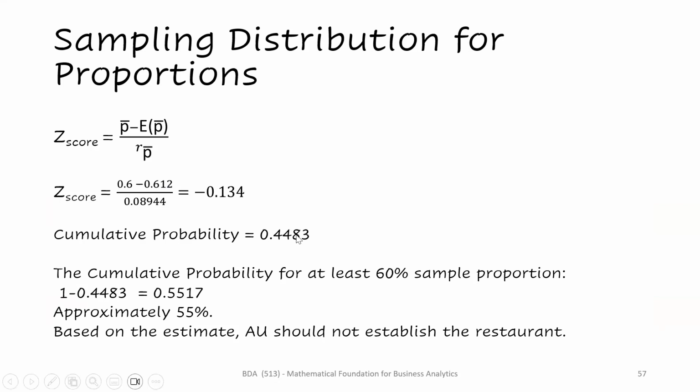So whatever you read, if you go to the T table, for instance, we are looking for negative 0.134. Okay, so let's go to our T table.